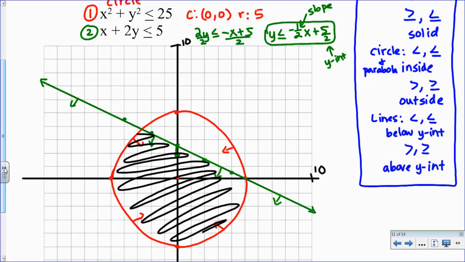Pick a test point. So pick 0, 0. 0, 0 is inside that shaded region. Okay, 0 plus 0 is less than or equal to 25. 0 plus 0 is less than or equal to 5. So any point in that shaded region will make those true. Questions about that?